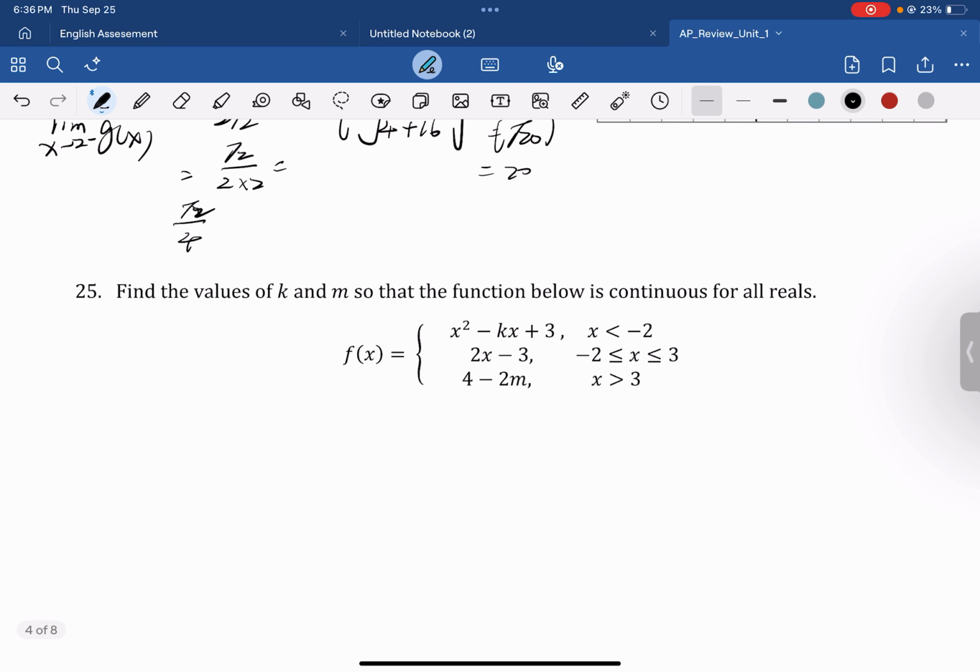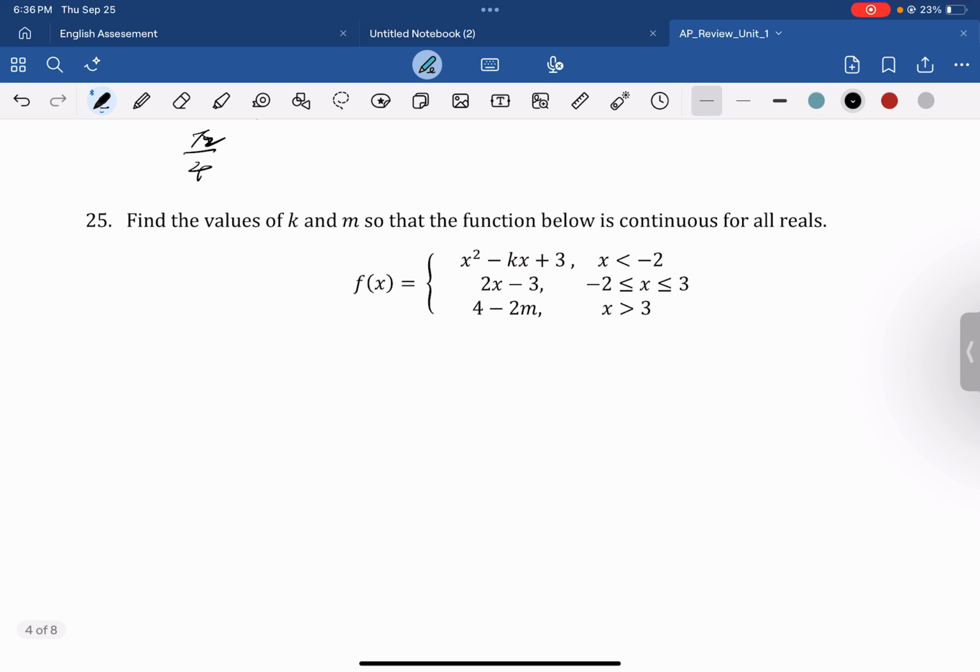For the next one, find the values of k and m so that the function below is continuous for all reals. So when it asks us that the function is continuous, what we have to think is that the limit has to exist, which means the right-hand side and left-hand side limits are equal to each other, and they are both equal to the function value at the point.